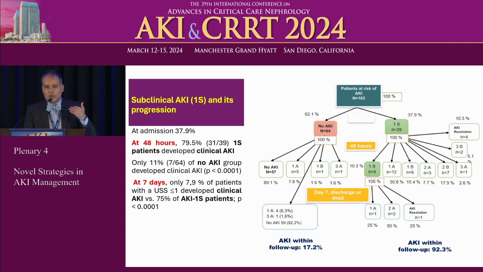So during the follow-up period of the whole study, during the 7 days, patients who at admission did not have subclinical AKI, only 17.2% developed clinical AKI. If you compare with the percentage of patients who have a urinary sediment score equal to 2 or higher, 92.3% of these patients developed clinical AKI during the follow-up.